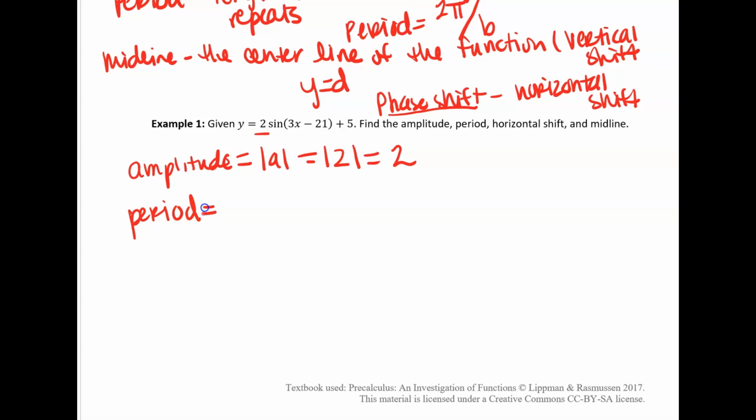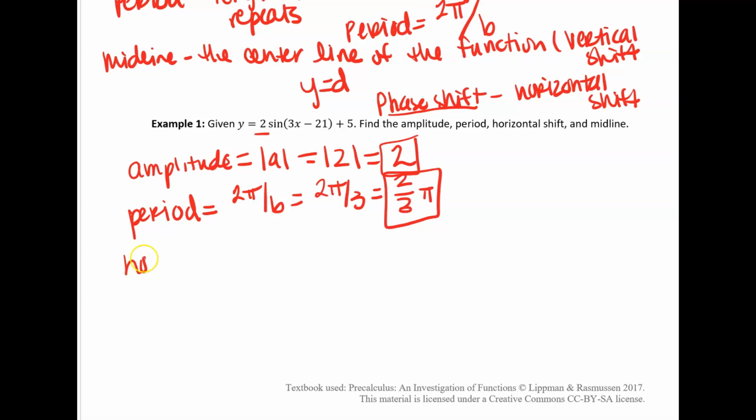When you move into period, remember that was 2 pi over b. And our b value in this case is the 3. So I'm going to say 2 pi over 3. So my period is going to be 2/3 pi, meaning that is going to be how long it is before it cycles through and repeats.